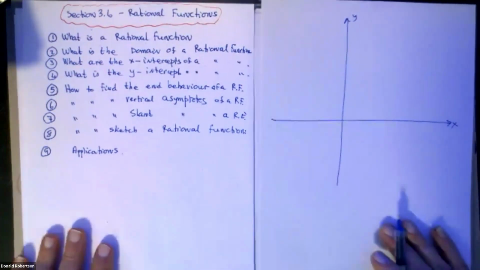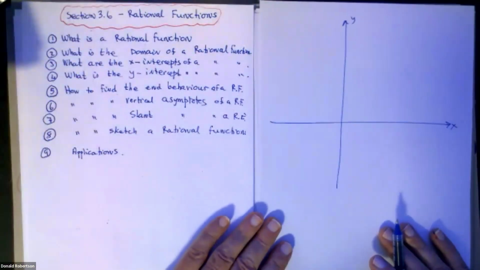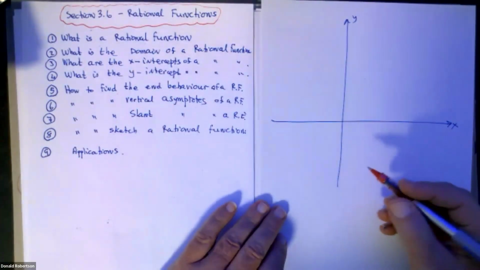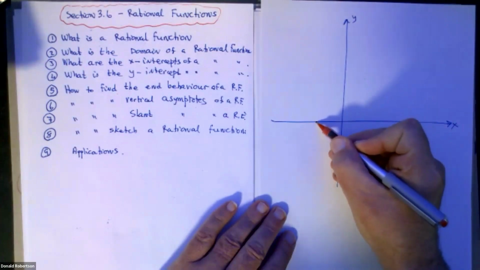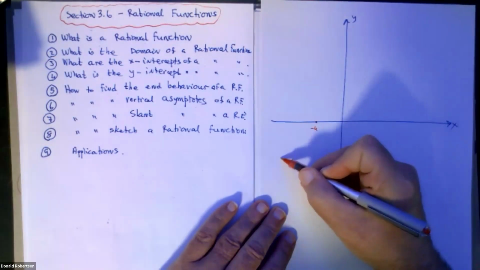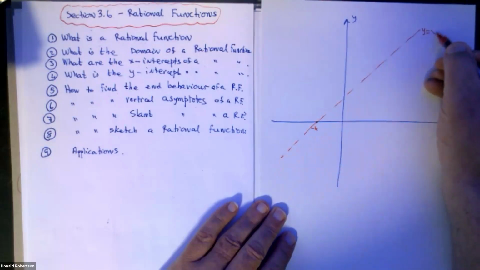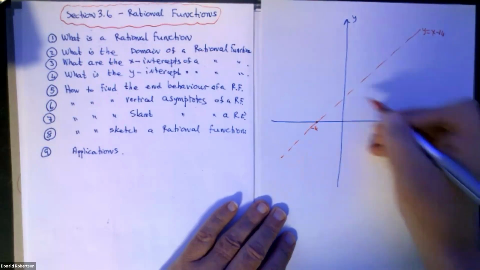Okay, so let's put all the information we've collected onto the graph of this function. We have y equals x plus 4. If I draw the line y equals x plus 4, it looks something like that.